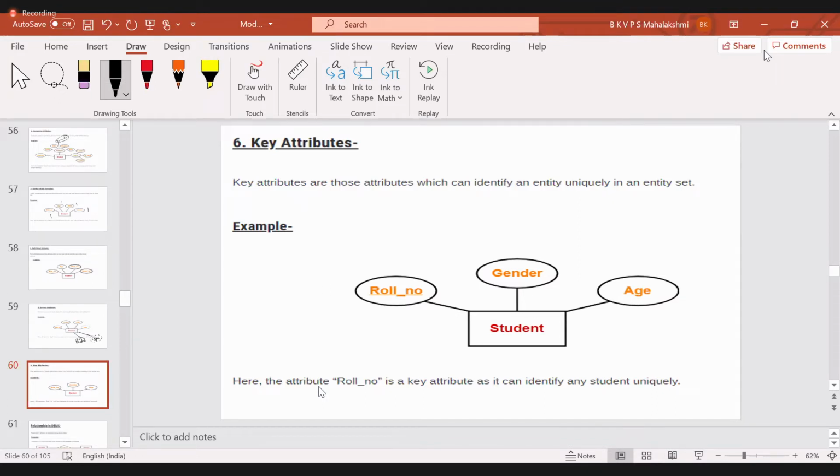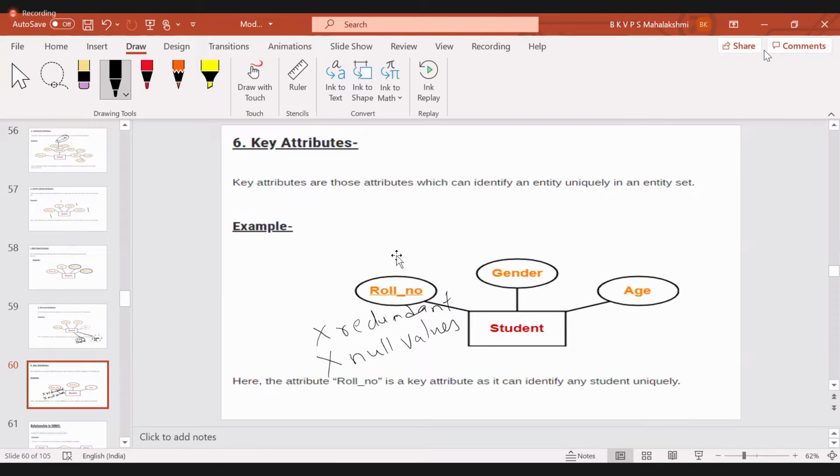But this one is a key attribute, because it does not have any redundant values, and also no null values. Have you ever observed any student having a null value for the roll number?